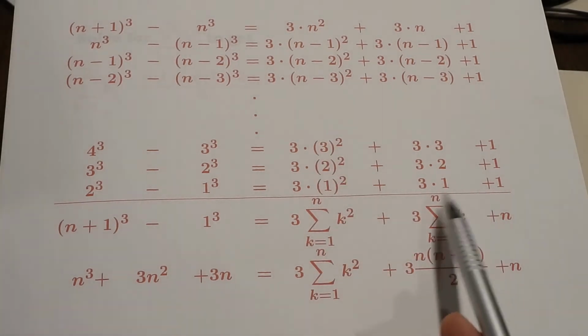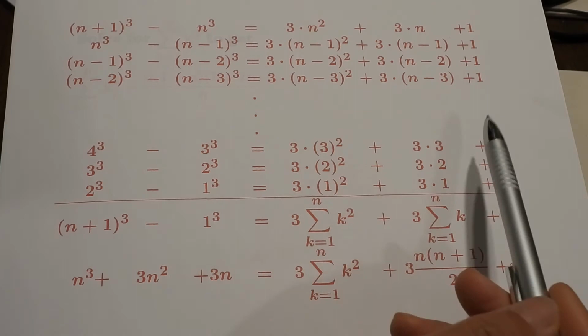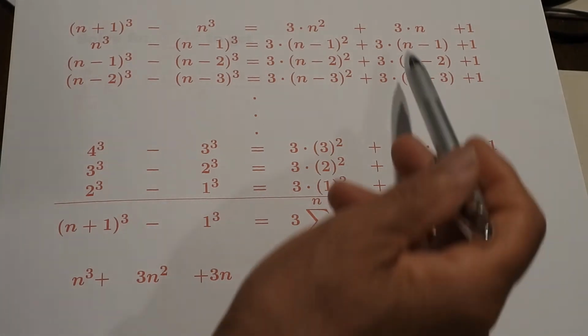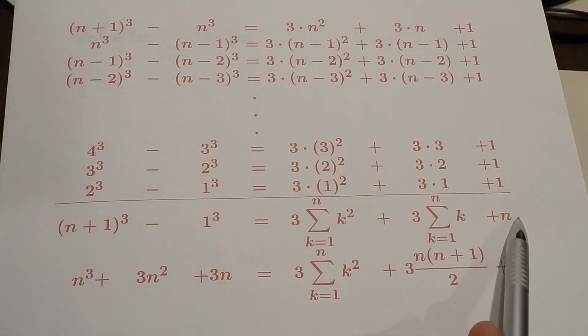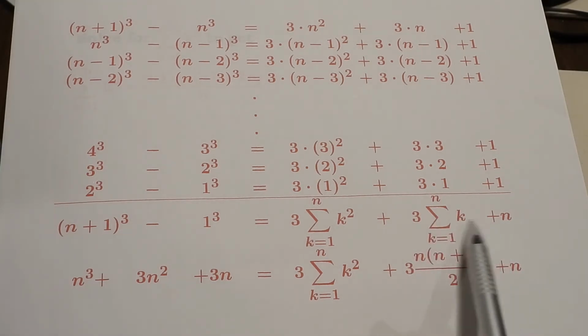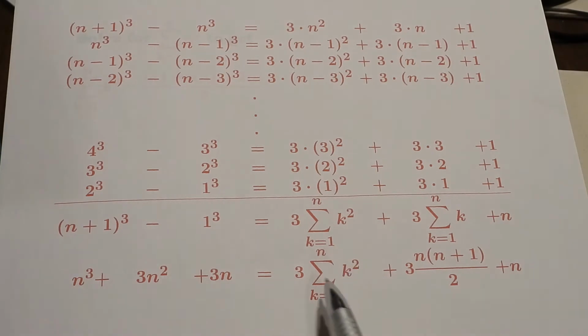And then here you also have 3 times 1, 2, 3, all the way up to n. So you add them all vertically, right? So this one is 3 times sigma k. And then here you don't have any k to use sigma. That's why you have plus 1 plus 1, and you have n of them.